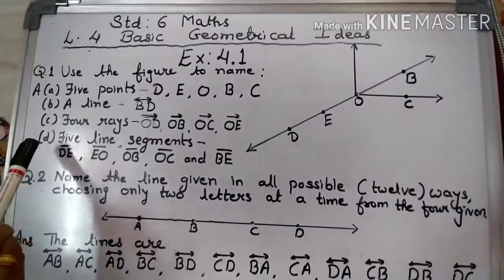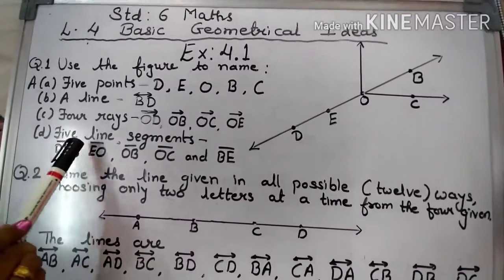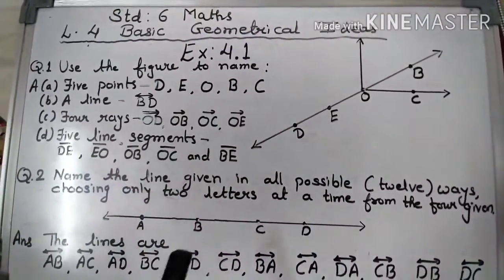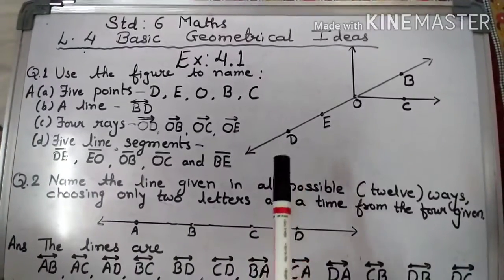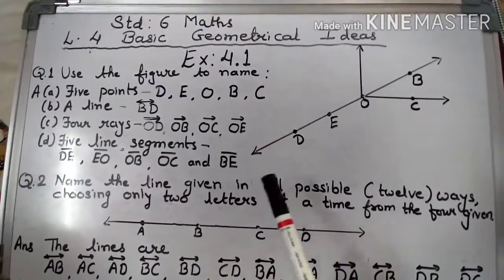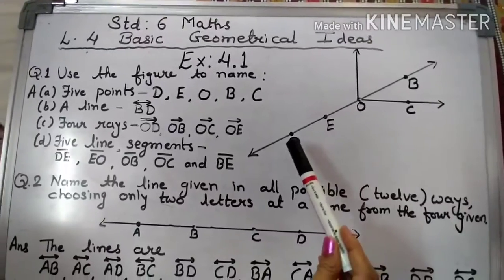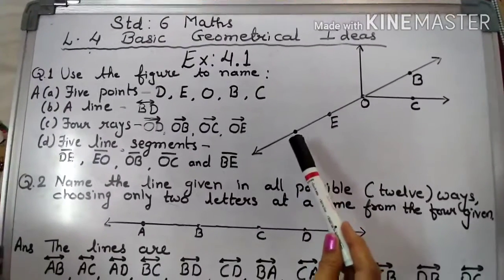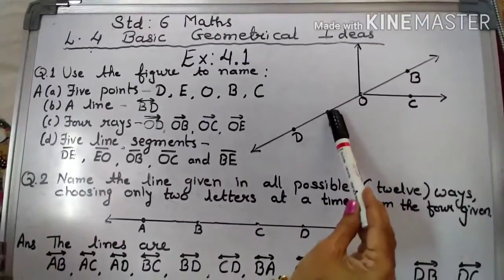Now, our next question is the 5 line segments. You have to write 5 line segments in this figure. Look here, as I explained to you, a line segment has 2 end points.